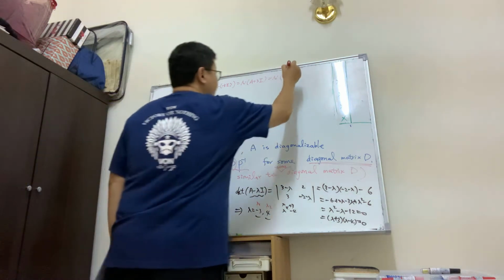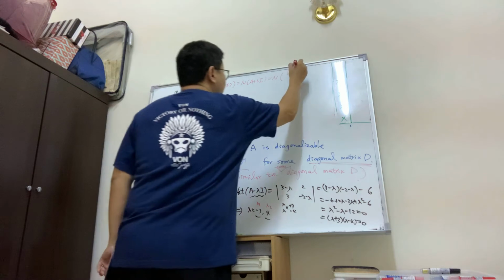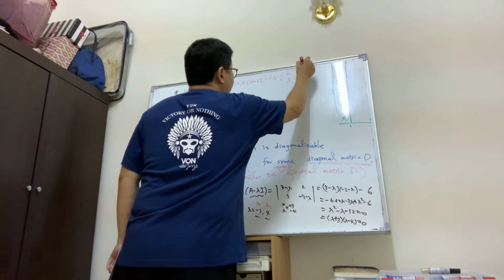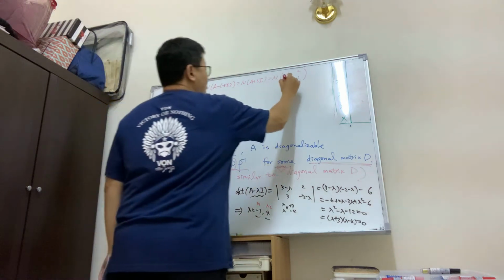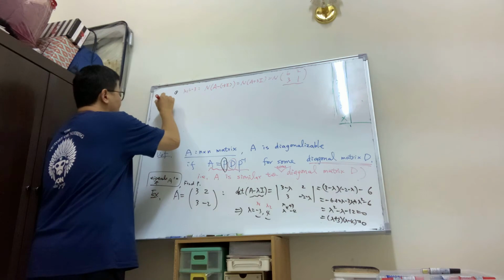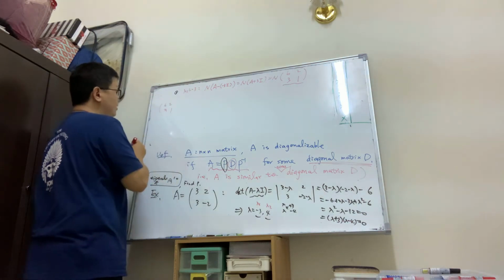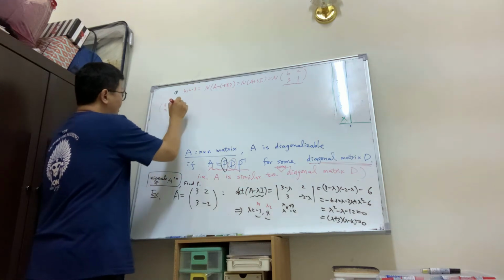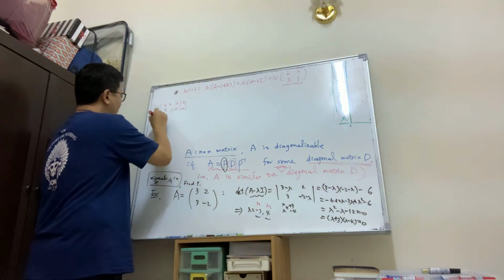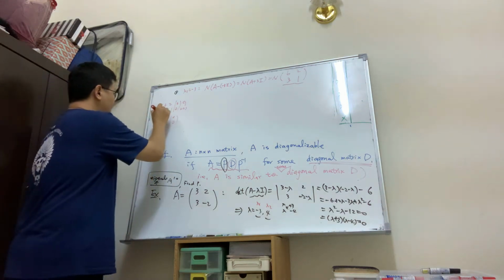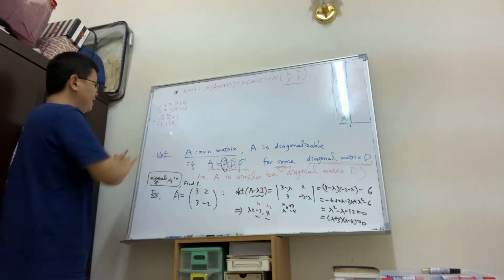So it's 6, 2, 3, and 1 plus... so this matrix's null space. It's 6, 2, 3, 1, 0, 0.